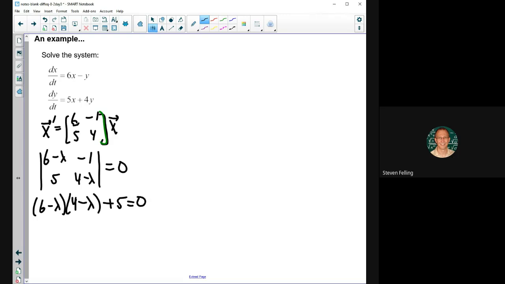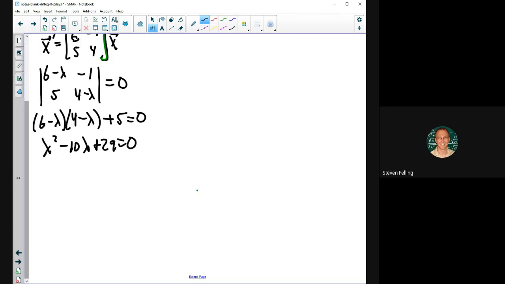So we're going to end up getting lambda squared minus 10 lambda plus 29 equals 0, okay? And unfortunately, that's not going to factor. So instead, we'll have to resort to the quadratic formula. Lambda is negative b plus or minus the square root of b squared minus 4ac over 2a.